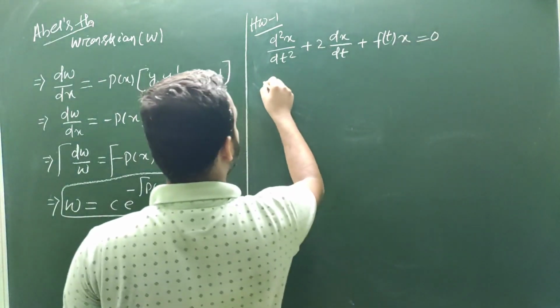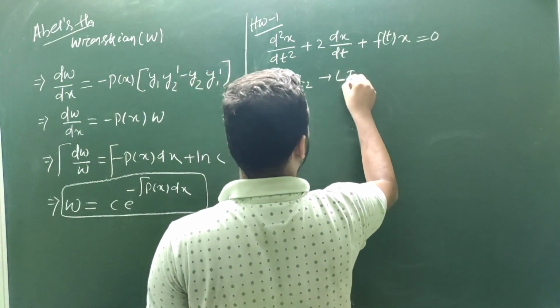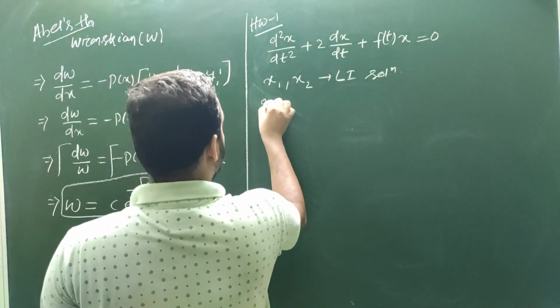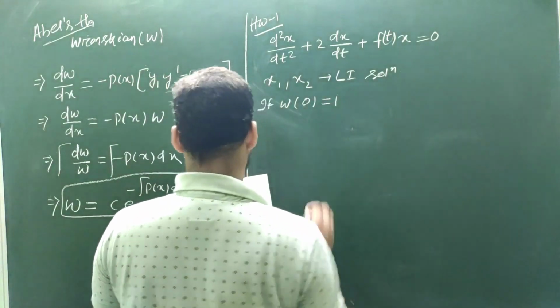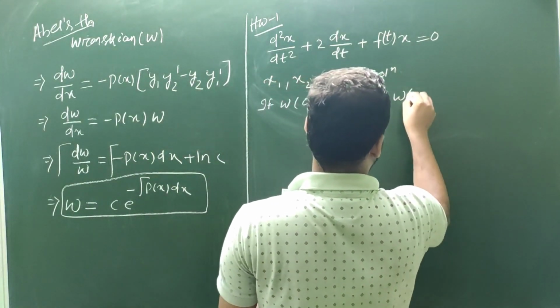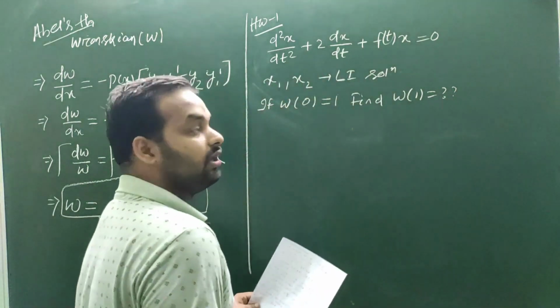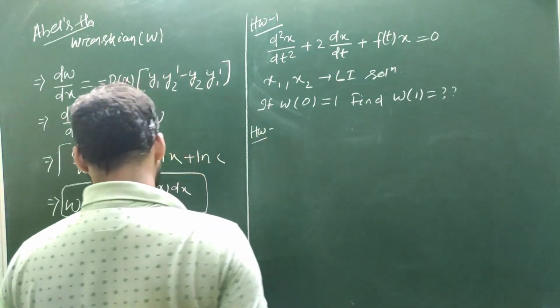It is given that x1 and x2 are linearly independent solutions, and a condition is given: if W at 0 is equal to 1, then find W at 1.